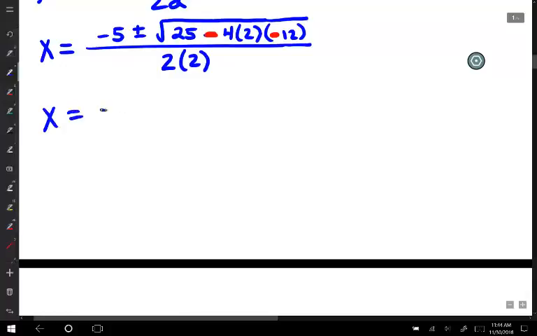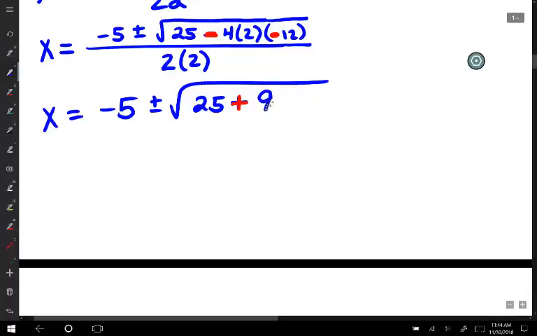All right, so here we go. X equals the opposite of 5 plus or minus 25 plus, because that minus times a minus is a plus. 4 times 2 is 8. 8 times 12 is 96. All over 4.